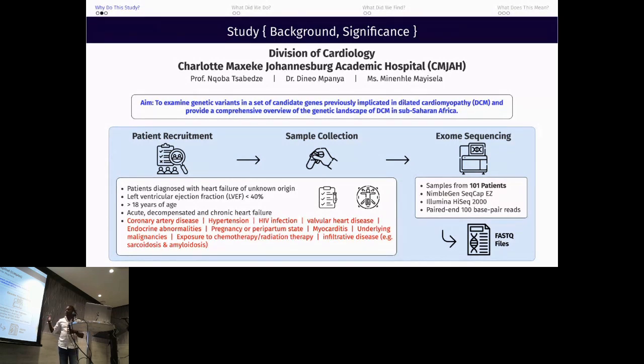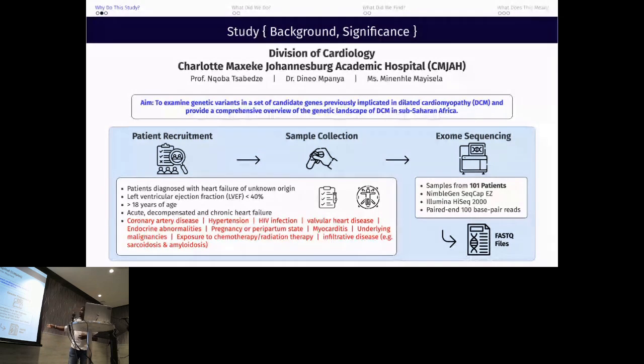Also looked at whether the source of the cardiology was of unknown origin, and then looked at anyone who's over the age of 18. And then they also excluded a number of patients who had all of the other diseases mentioned in red, so as to not confound the results of the study.